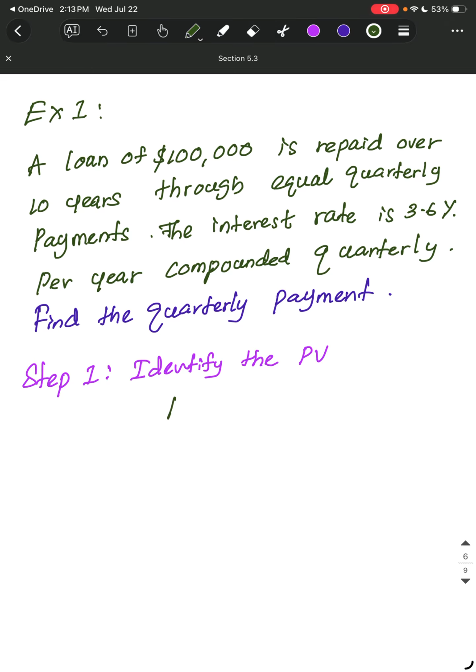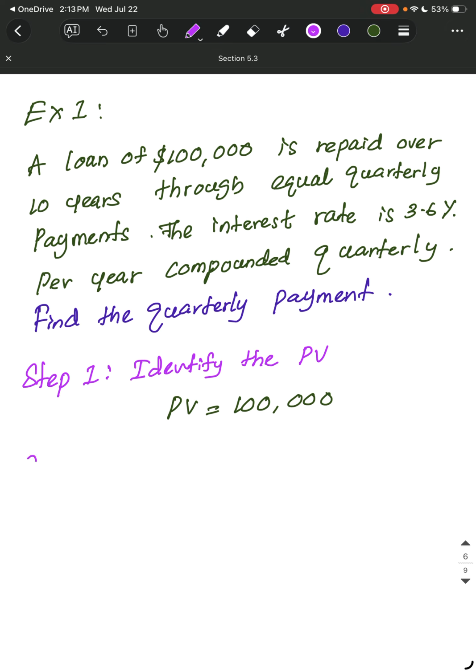Therefore, the present value is 100,000. Then step 2, find the periodic interest rate. The loan is repaid over 10 years through equal quarterly payments, and the annual interest rate is 3.6%.